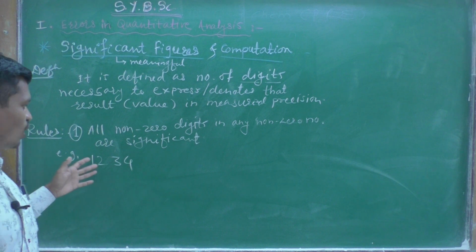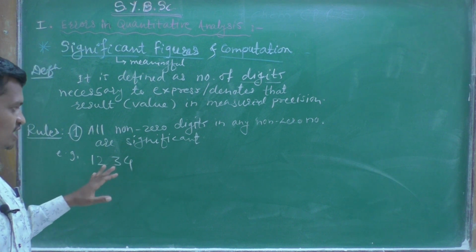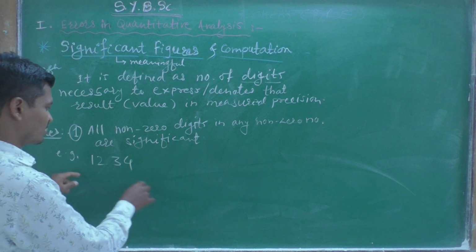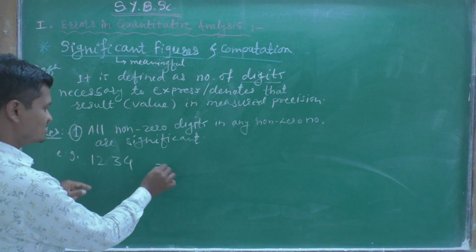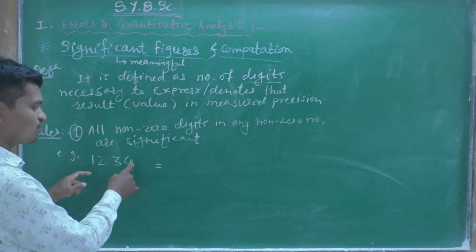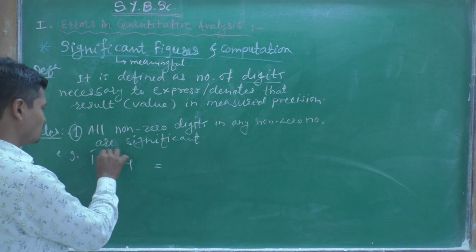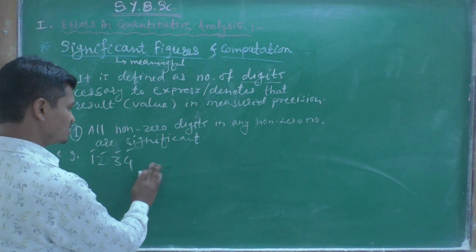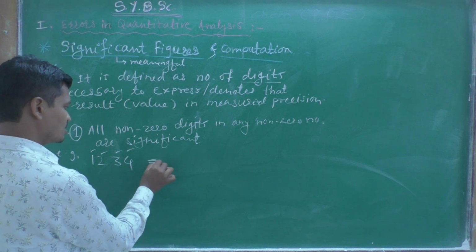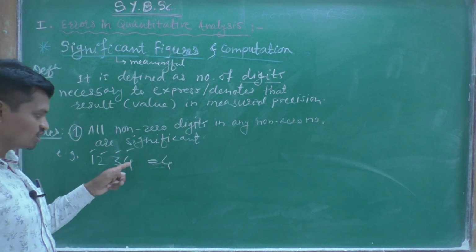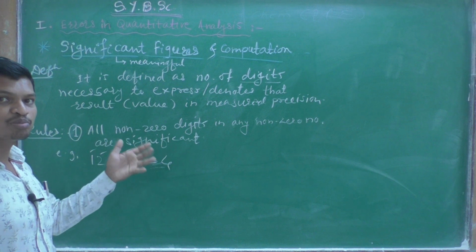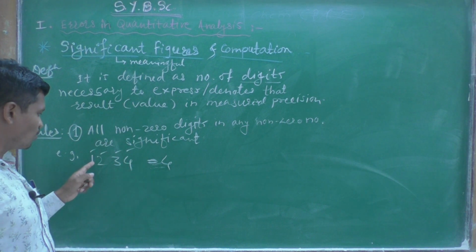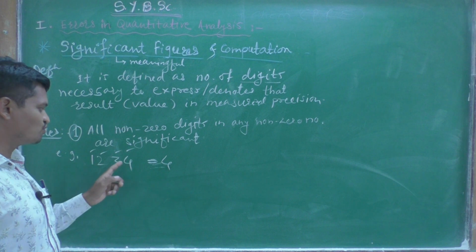All are non-zero, so all numbers are significant. So the significant figure is 4, the total number of digits.